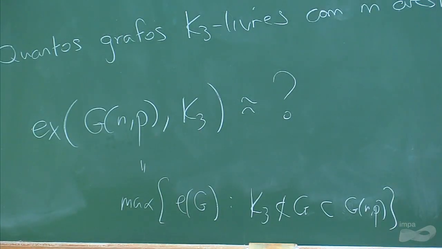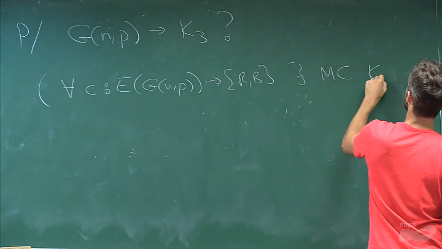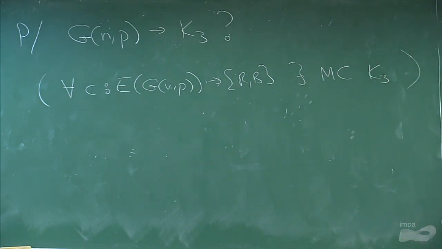Is it true that for all colorings of the edges of G(n,p) with two colors, there exists a monochromatic triangle? Okay, so these are four problems that all look somewhat different from each other. Good. Perhaps I'll add another one.